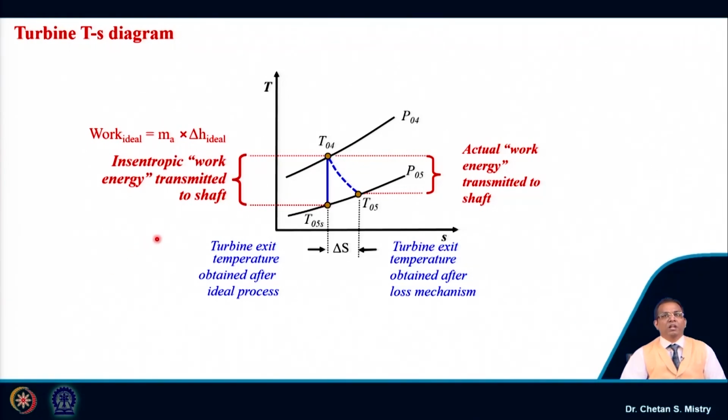Here this represents my entry pressure and entry temperature. The process from 04 to 05s represents my isentropic work, and the process from 04 to 05 represents my actual process. Here this represents the change of entropy, delta S, and as we discussed, in the actual process my T05 will be greater than my T05s.